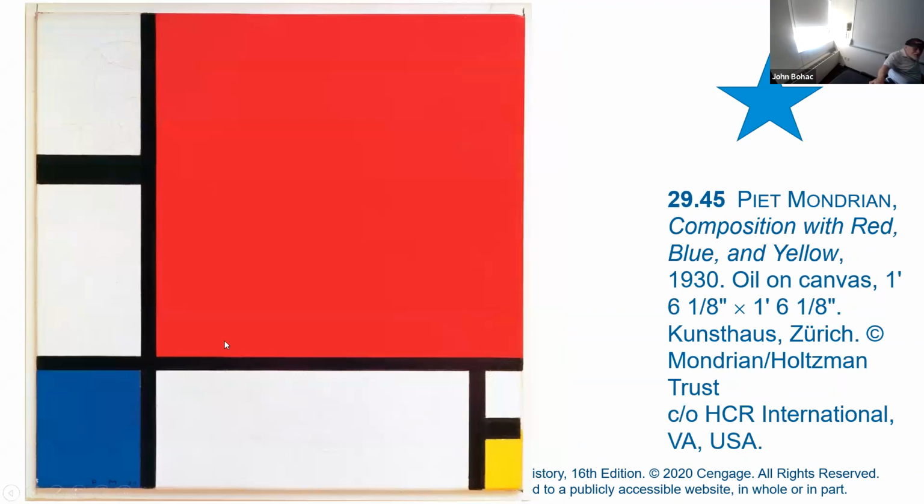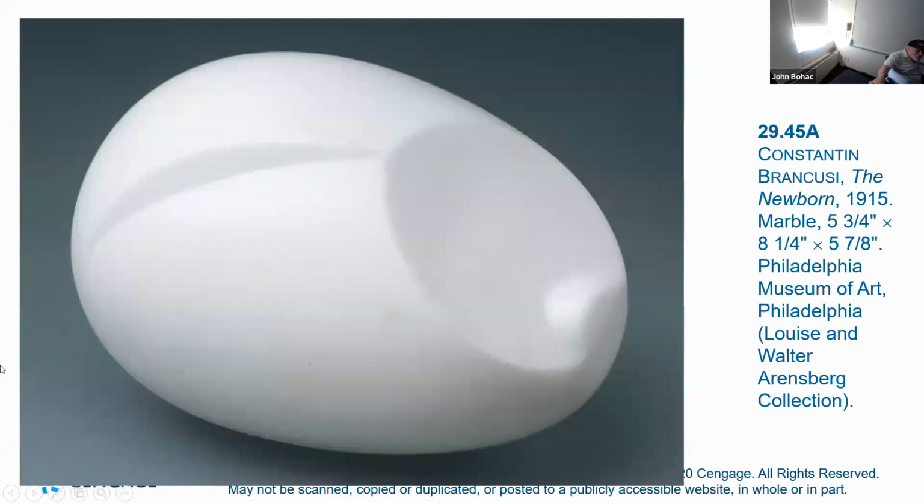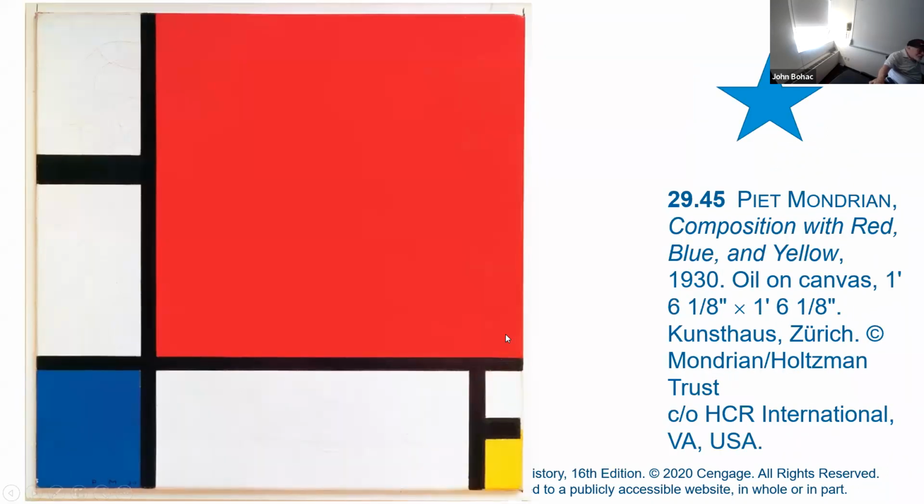And another thing that was going on is this composition with red, blue, and yellow. Piet Mondrian, as I was saying just a few minutes ago, the idea was that the painting was self-contained, it was its own object, and did not refer to anything else but itself.